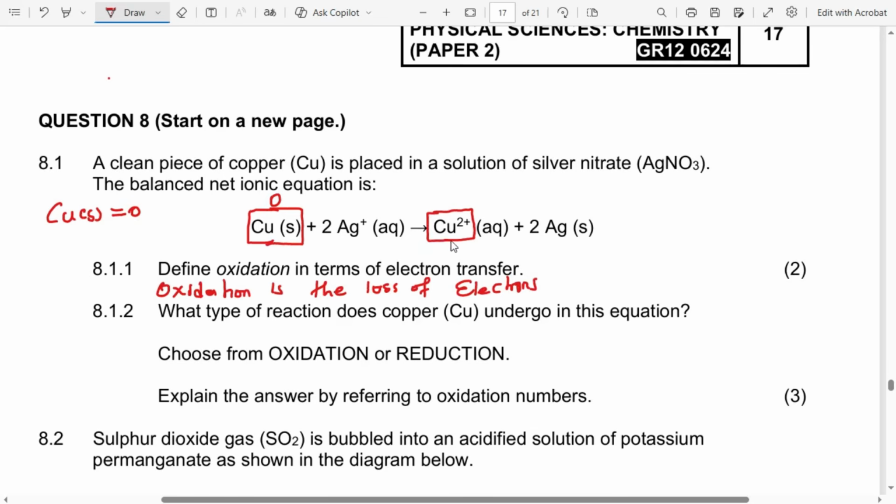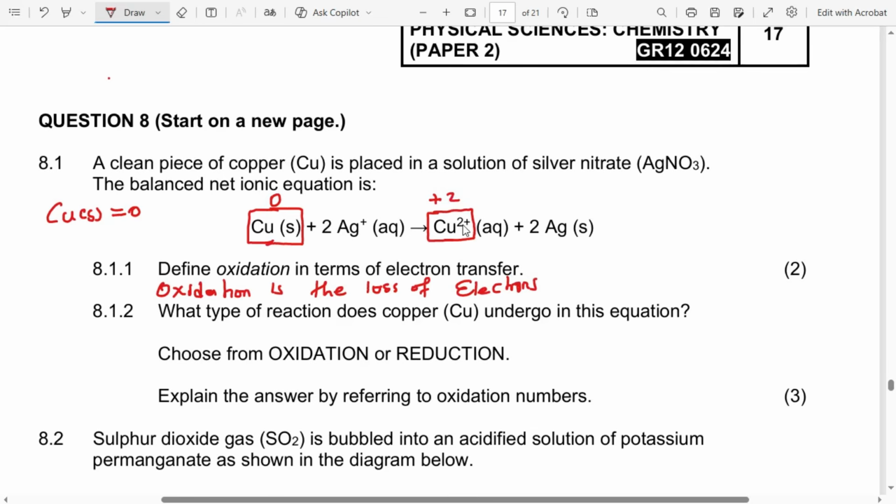This one, if you look at it, is going to have an oxidation number. It's an ion. The plus 2 on top will be the oxidation number, so the oxidation number is plus 2.